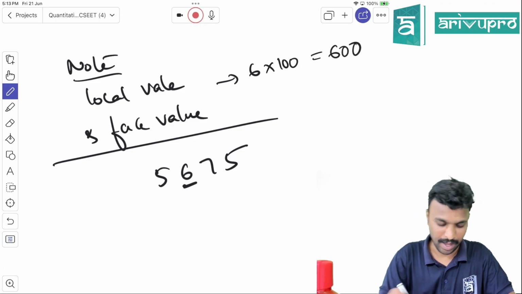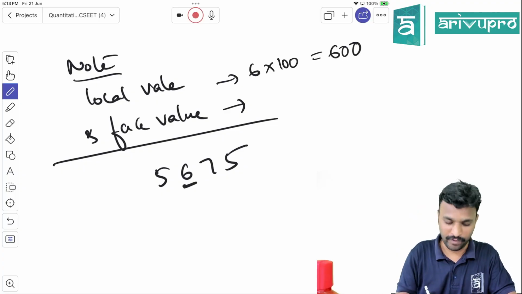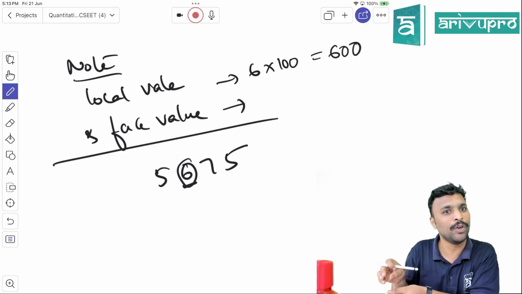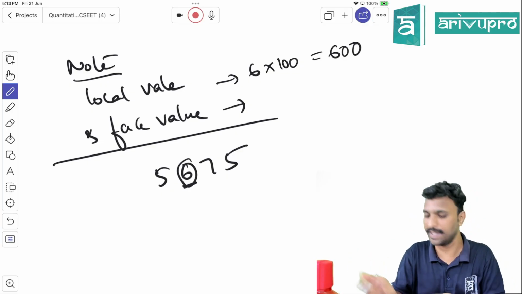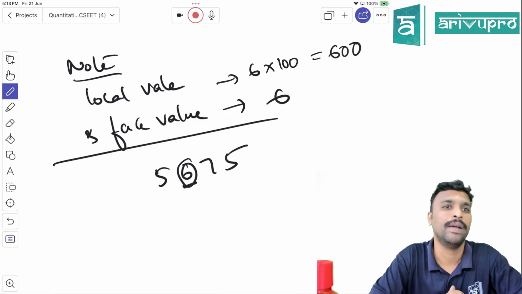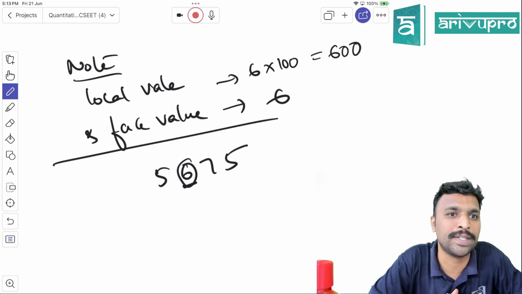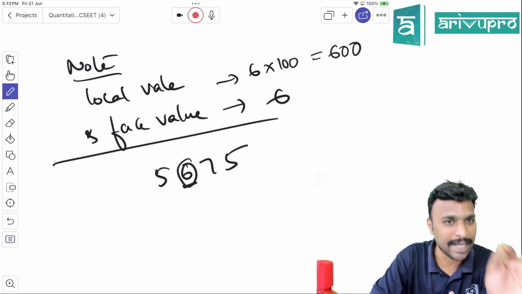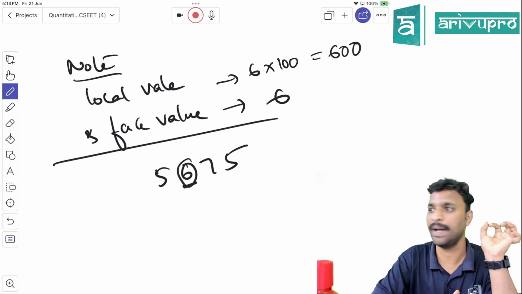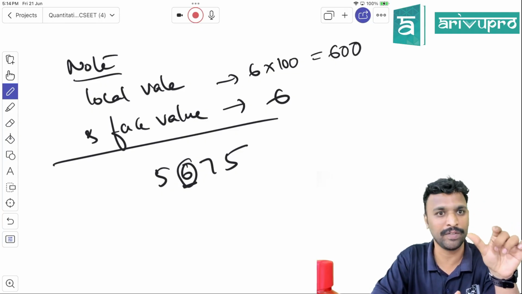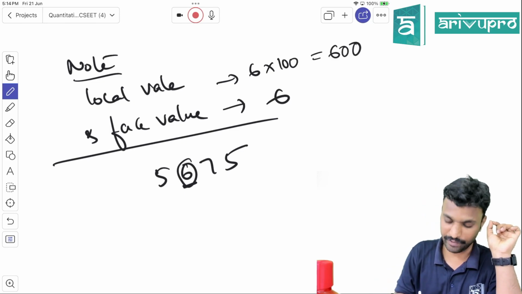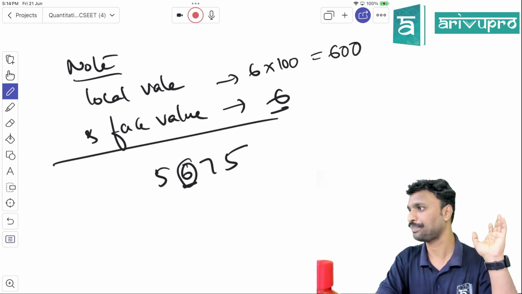Face value of that will be whatever the digit is, that itself. Face value of 6 is 6 only. This is local value: the digit into the position of that place, I mean the value of that particular position. And face value means the digit itself.